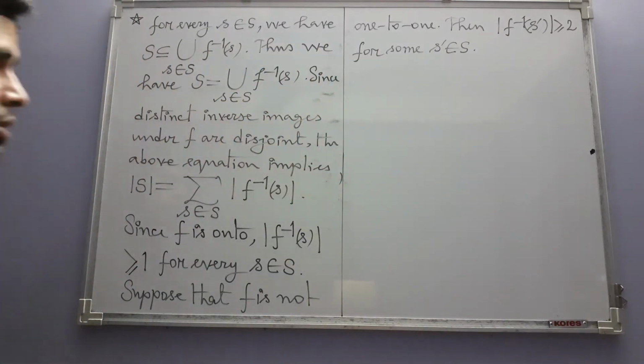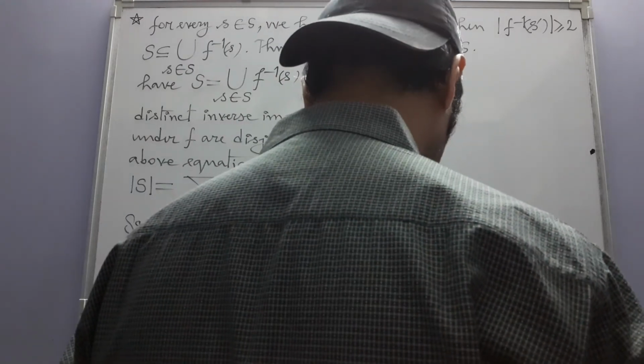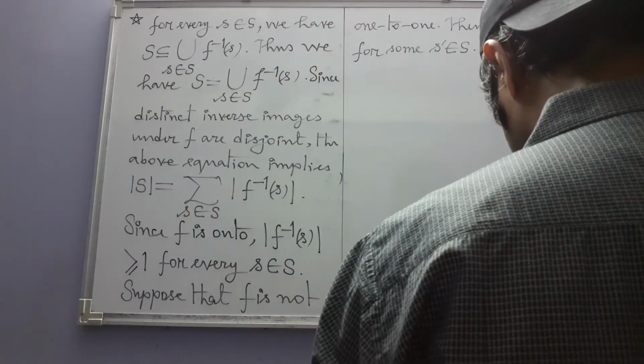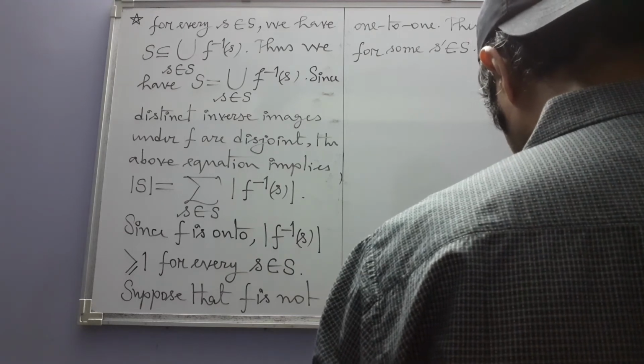And the contradiction is this. This sum will now be violated in this way.